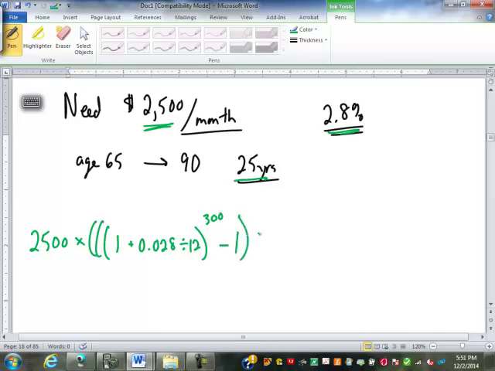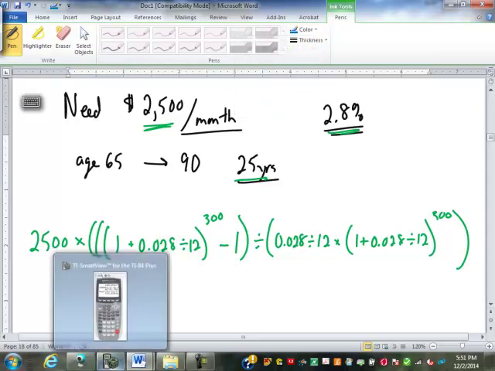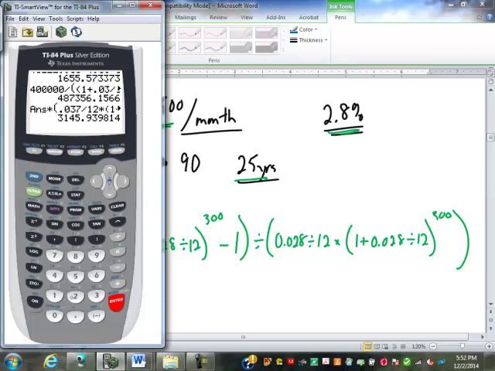Minus 1, close, divided by open, 0.028 divided by 12 times open, 1 plus 0.028 divided by 12. Close, power of 300, and close. Need me to pause for a breath so you can catch up? Okay. That'd be a good idea. I'll type it into the calculator slowly here. How's that?